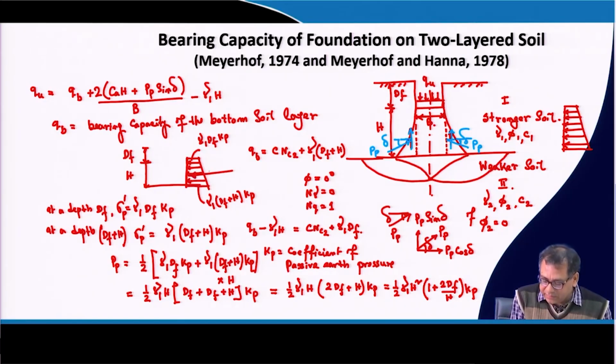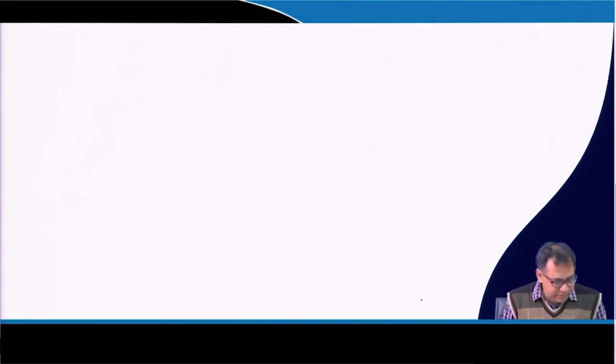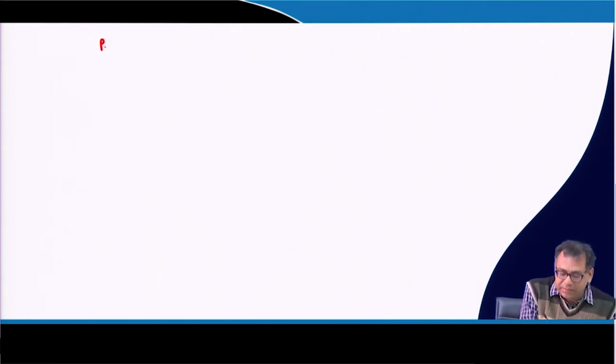This total passive force is actually acting at an angle of delta, so I should write it in this way. I am calculating it by using this expression. So, now I have calculated that Pp is equal to half gamma 1 h square into 1 plus 2 Df by h into Kp.